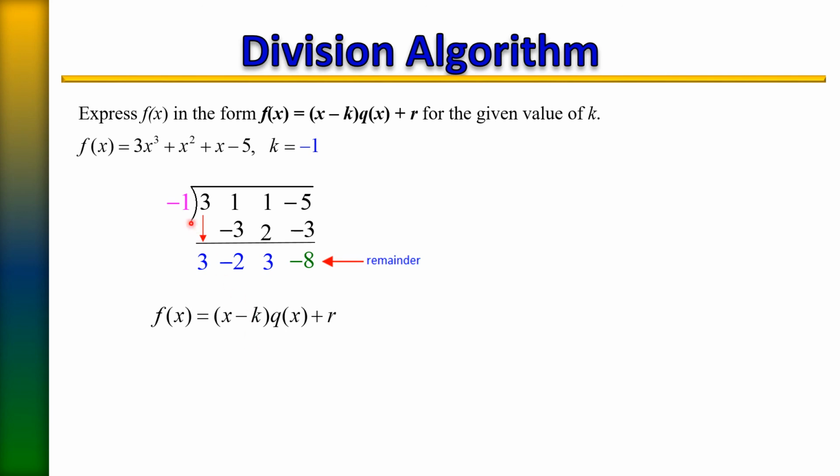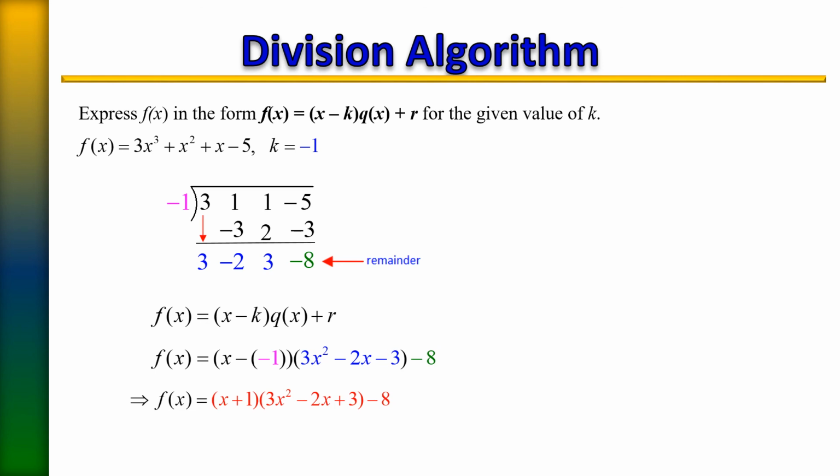So we have x plus 1 as our divisor. Here is our quotient, which we also put in parentheses behind it, with -8 as your remainder behind it. And there you have it. This is the division algorithm form.